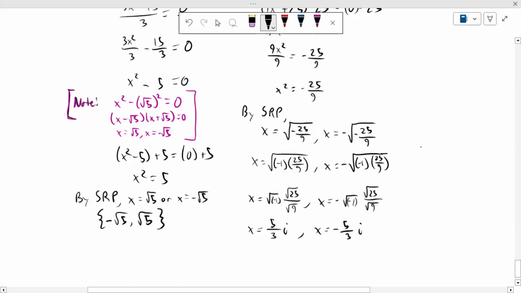All right, so our solution set to part B here, we only have complex solutions. Any questions on that at all?